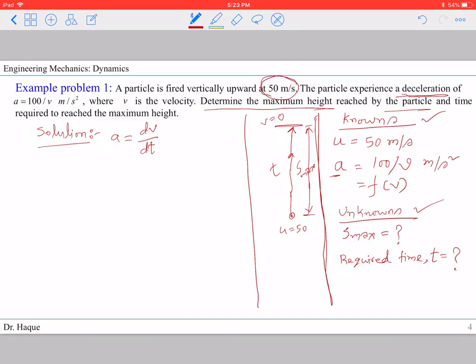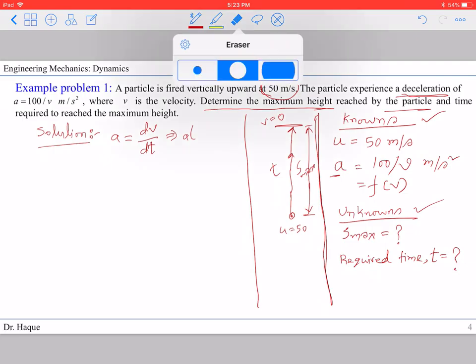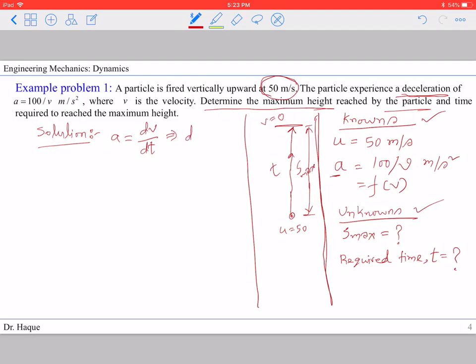I can simplify this as dt, because I'm looking for time, so dt on this side and dv over a.